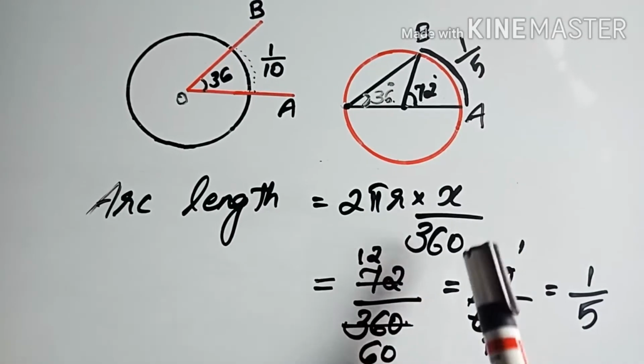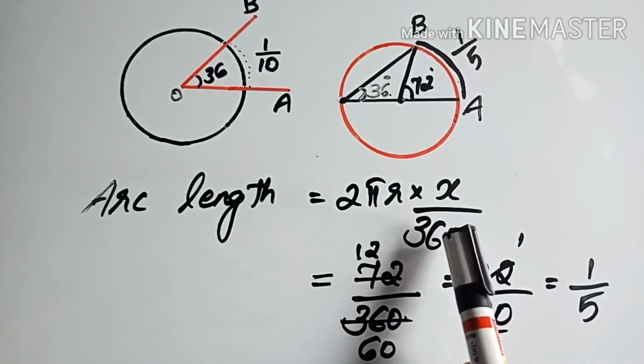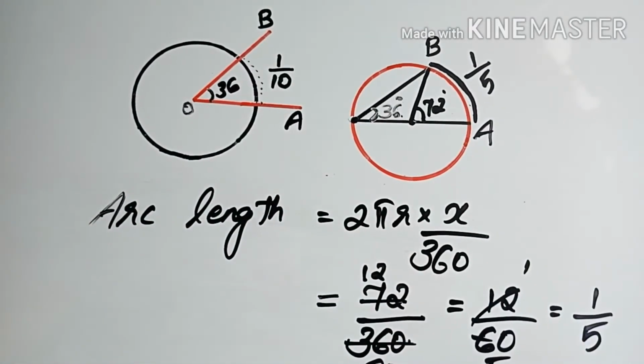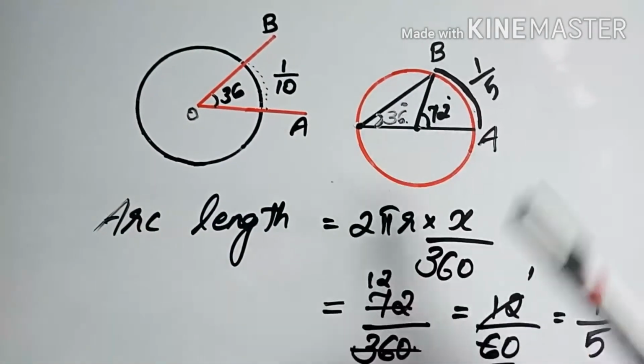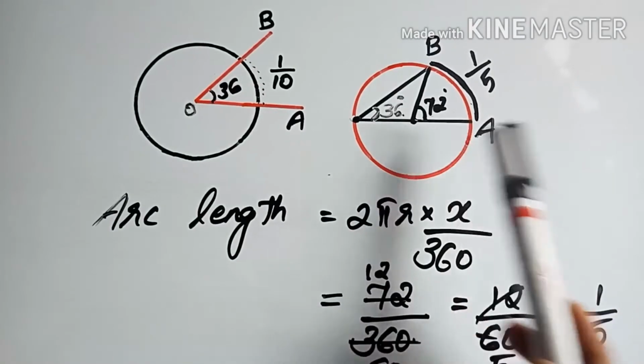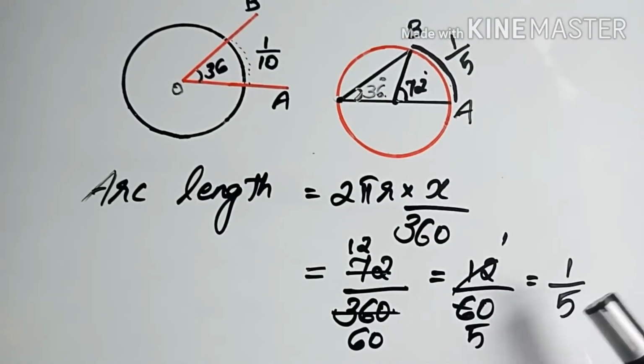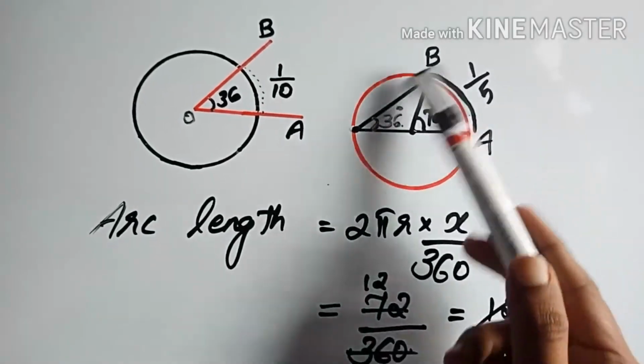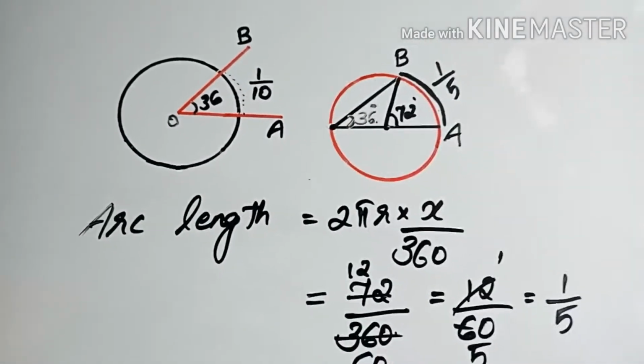So 2 pi r into x by 360, that is the equation. For the first one, 36 was the central angle. Now here the central angle we got as 72 degree, so 1 by 5 part of the whole circle will be covered by this angle. Okay, this is the answer.